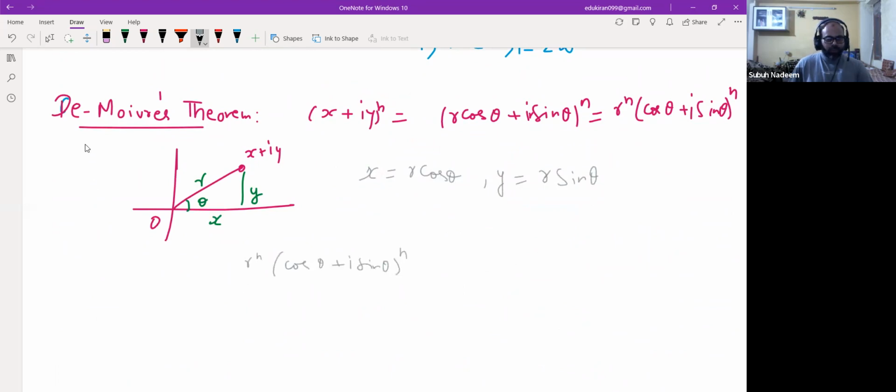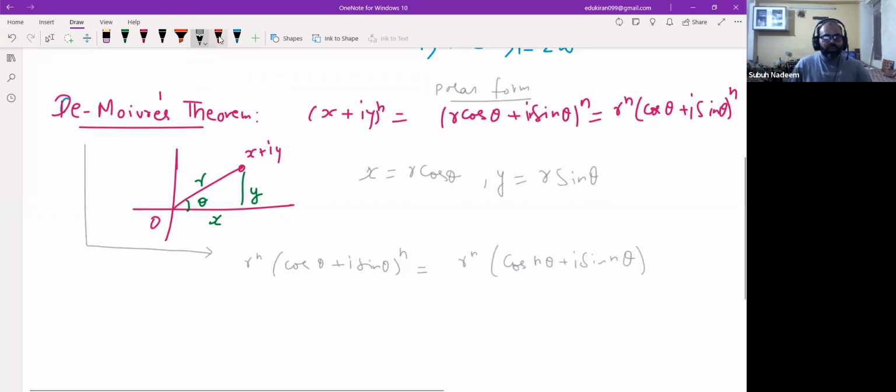Now de Moivre's theorem says, this is the polar form, that the index n can be multiplied to the angle, that is cos n theta plus i sin n theta. For example, if you have a question like 2 minus root 3 to the power n.